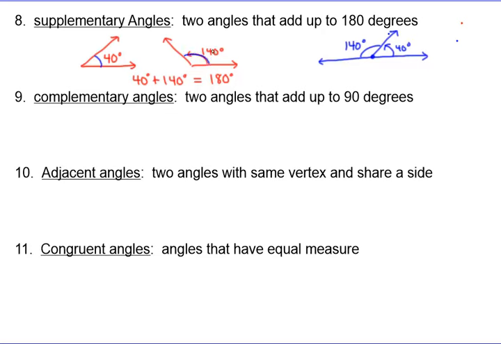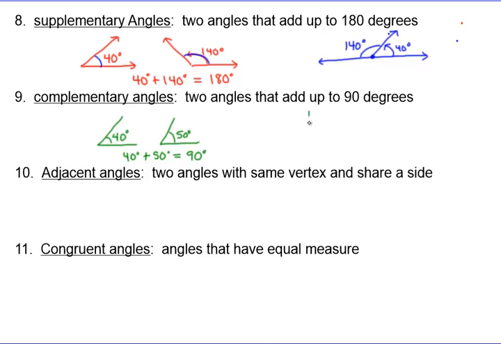Alright, so complementary angles work the same way except they add up to 90 degrees. So if I had a 40-degree angle again, and then I made another angle, but this one was 50 degrees, then 40 degrees plus 50 degrees equals 90 degrees, and that would be complementary.